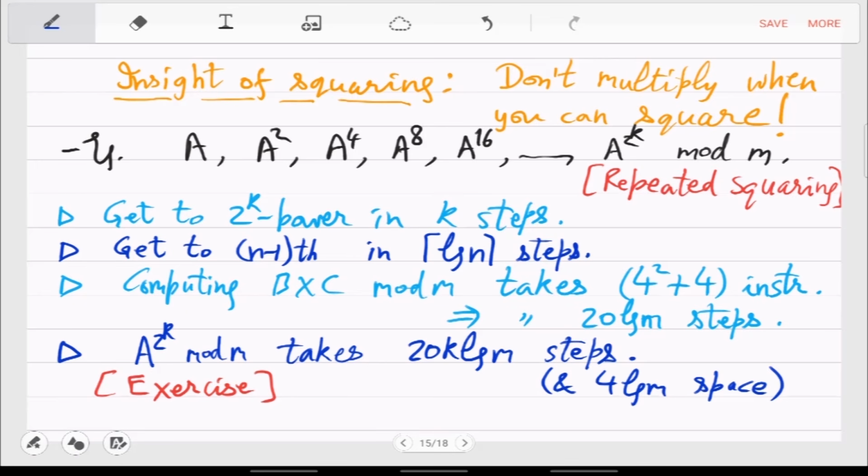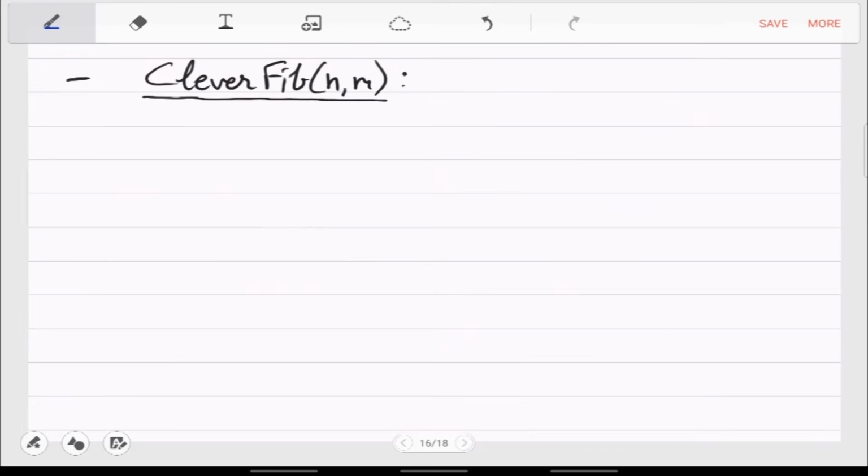First of all, there is no recursion here. It's a for loop which is just going from 4, 8, 16 to 2 raised to k. Every time the same space you can reuse. The previous space, whatever is written, you are just squaring. So the space here is almost 0. There is no space requirement in this algorithm. So it's a super fast algorithm with almost 0 space. These are dream algorithms.